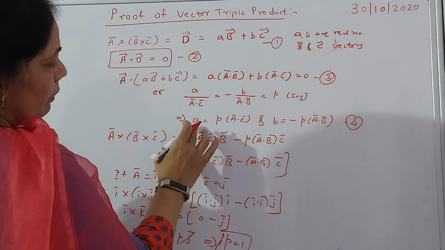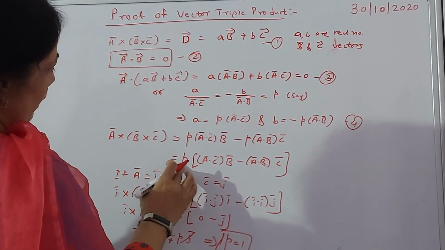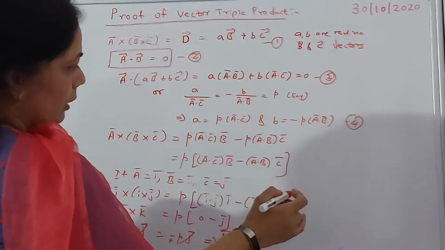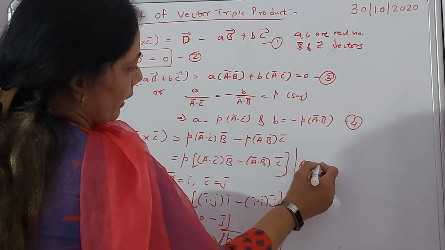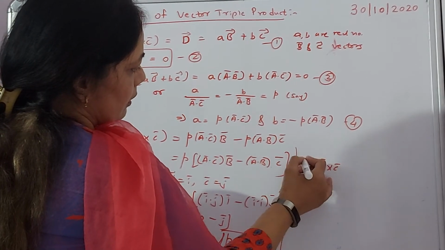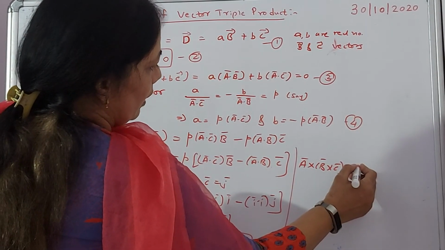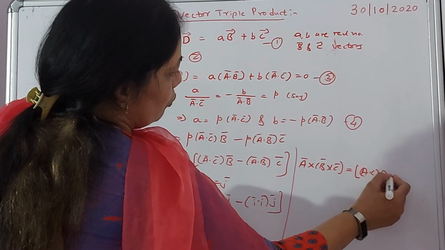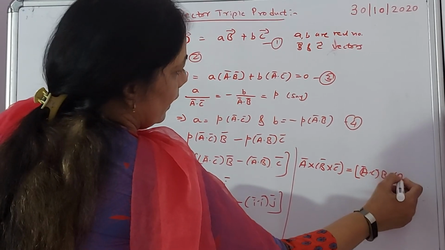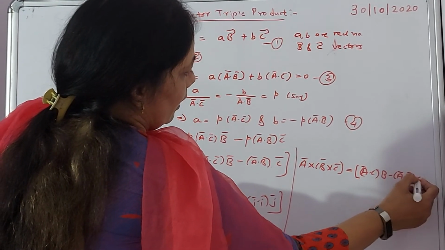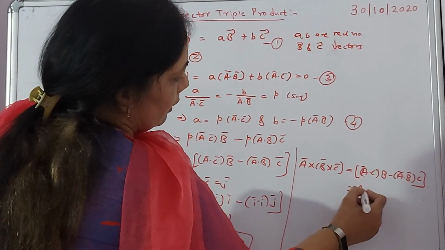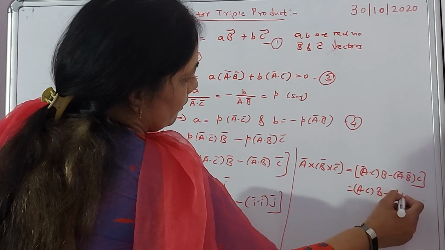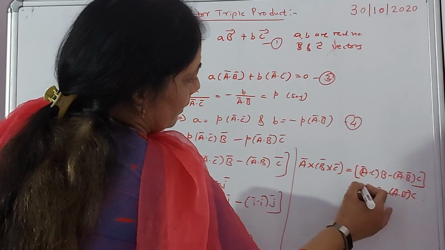So what we have the value? We have the value, or we can put it over here. If P is 1, A cross B cross C is how much? A dot C into B minus A dot B into C. So this gives me A cross B cross C is equal to, as P value is 1, A dot C outside B minus A dot B outside C, or ACB minus ABC.